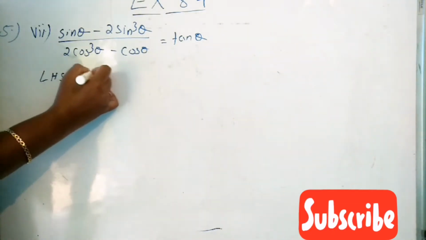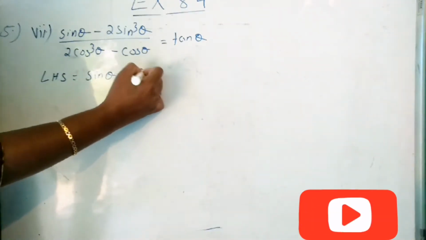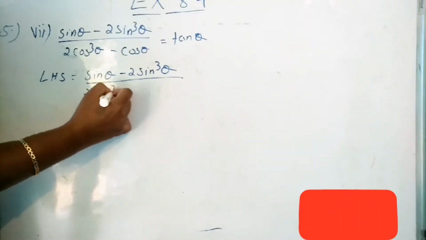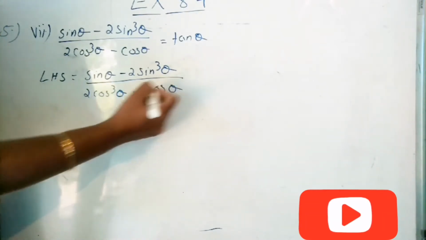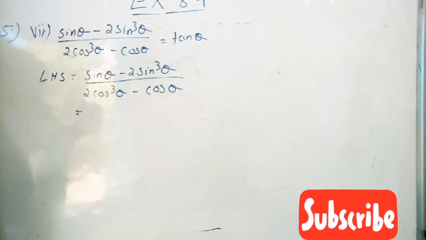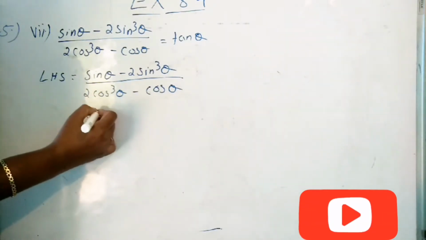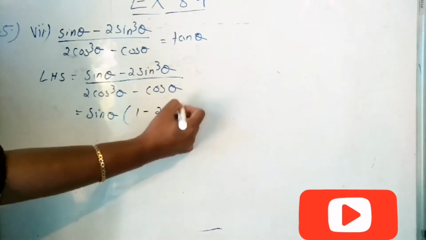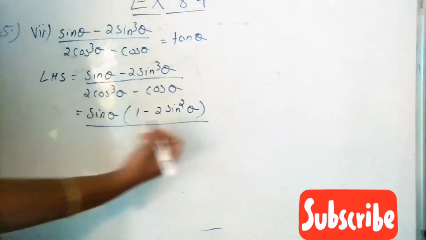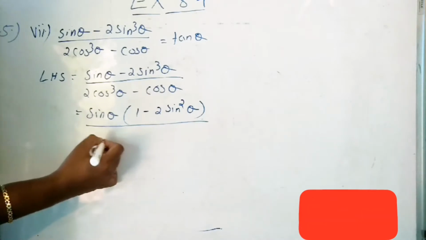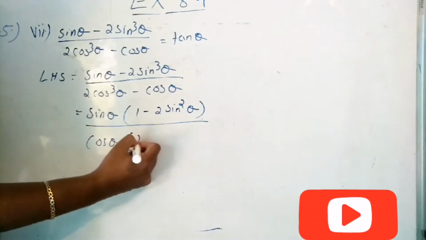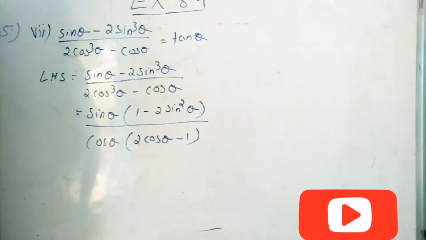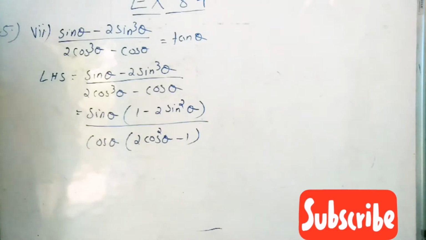LHS is equal to (sine theta minus 2 sine cube theta) divided by (2 cos cube theta minus cos theta). In the numerator, sine theta is common. Take it outside: sine theta into (1 minus 2 sine square theta). In the denominator, cos theta is common, so cos theta into (2 cos square theta minus 1).